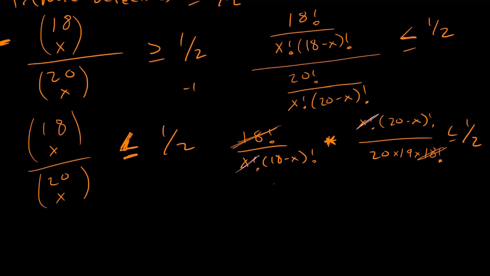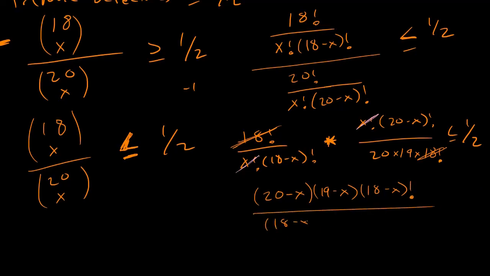And then also we have a little more cancellation because we have 20 minus X factorial and this 18 minus X factorial. So 20 minus X factorial, of course, let me write that down here because I'm running out of space, will be 20 minus X times 19 minus X times 18 minus X times 17 minus X, etc. So that would be basically the factorial there.